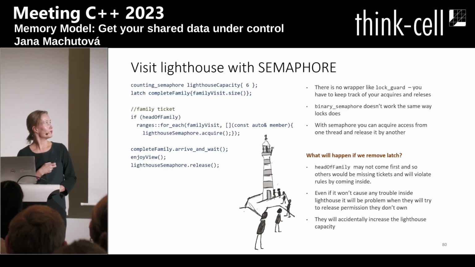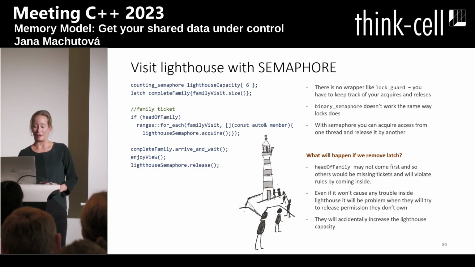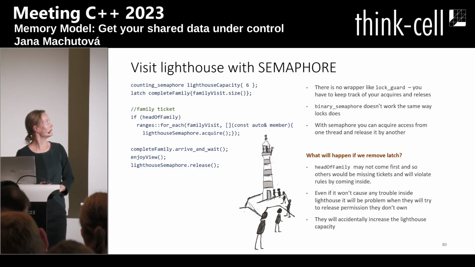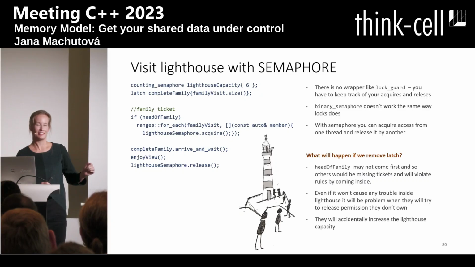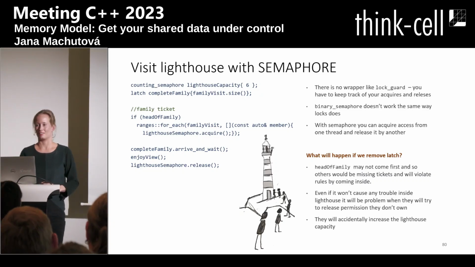Maybe the one buying the tickets is not the first to arrive, so the first one will go there without permission, because he still doesn't have the tickets. And what will actually happen at the end if there isn't the latch? You will increase the capacity of the lighthouse, because when you release something you didn't have, you increase the counter. And now there will be 7 places in there.